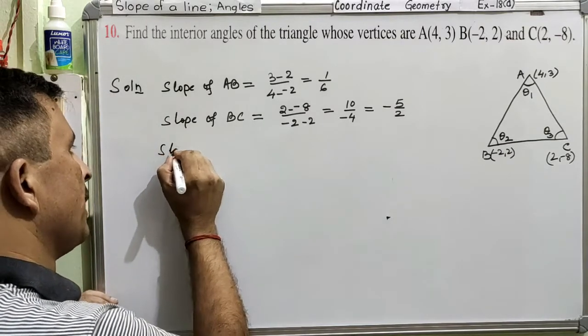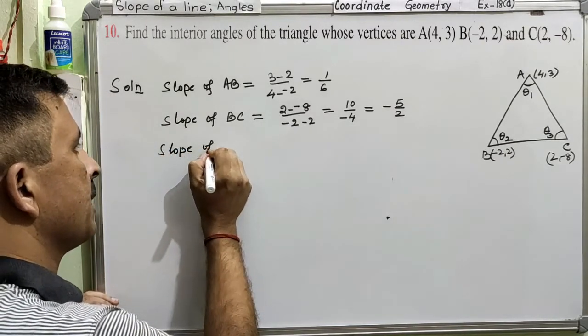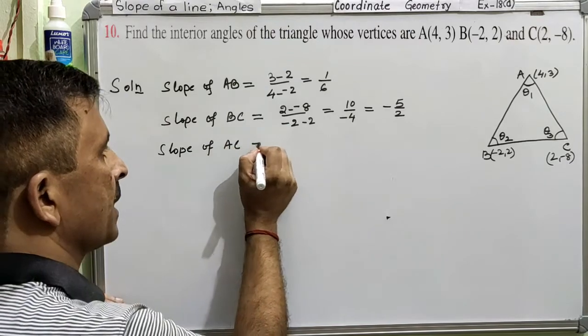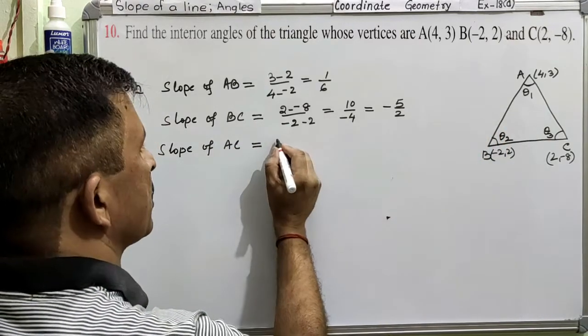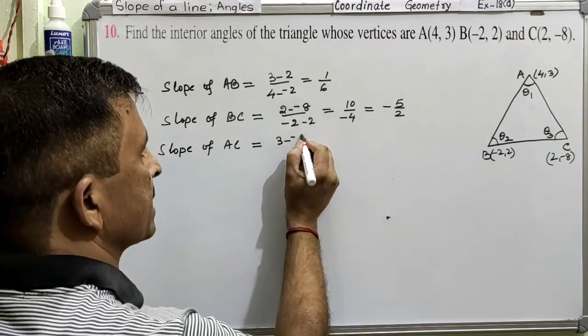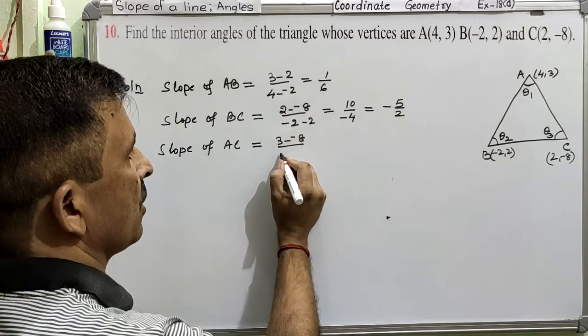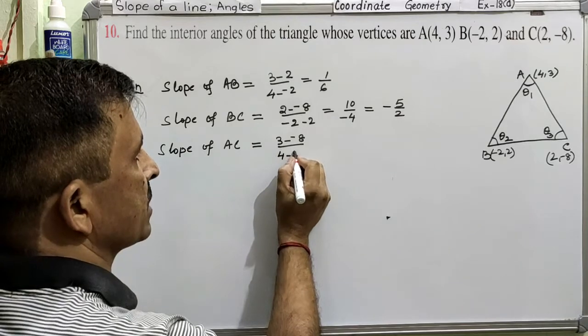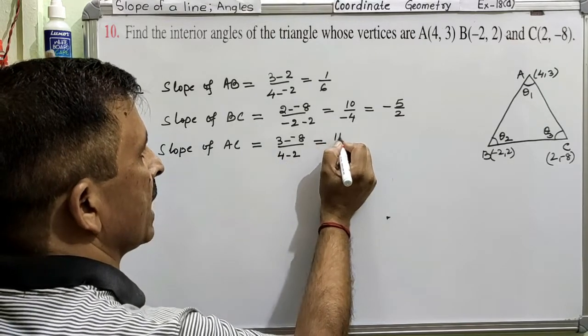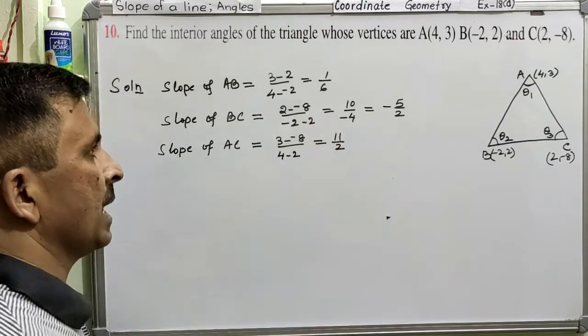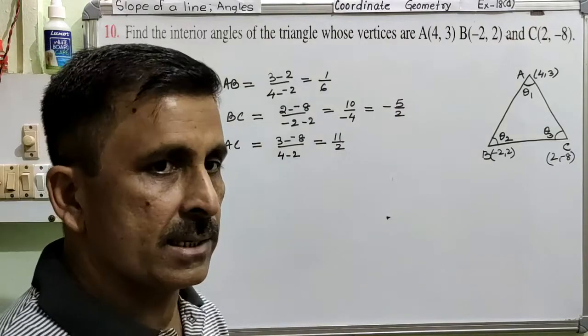Lastly, the slope of AC or CA. Right? So 3 minus -8 over y2 minus y1 over x2 minus x1. So 4 minus 2. This will become 11 over 2. Now finally we are done with the slope of all the three sides.